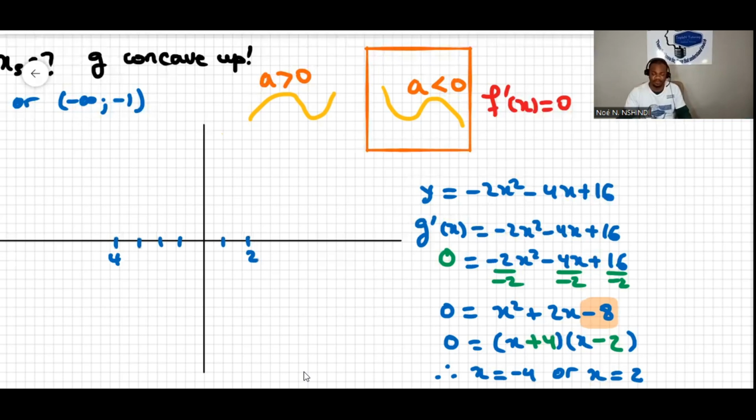Now, the second derivative of the function being equal to 0 is the one that determines the point of inflection. Let me write here: turning points, TP. Now, point of inflection.